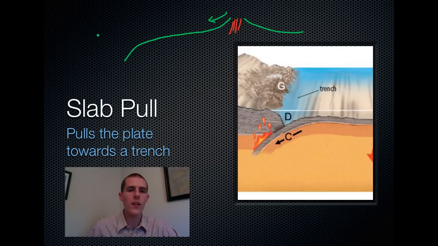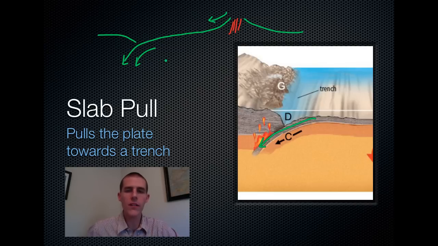We've got another tectonic plate right here. So this plate is being subducted. It's moving under. As this plate moves down, as you can see right here, gravity pulls in this direction, because remember, gravity wants everything to move down. So you've got ridge push going on, but you also have slab pull pulling the plate in this direction.